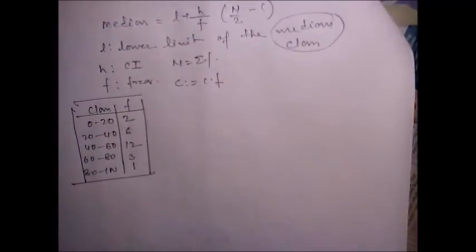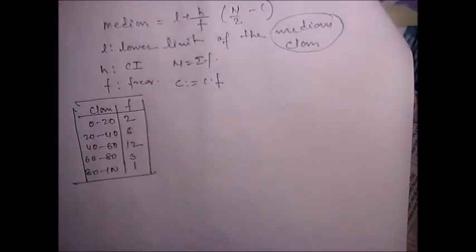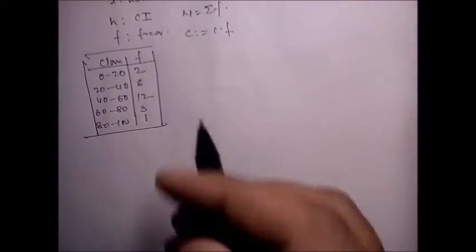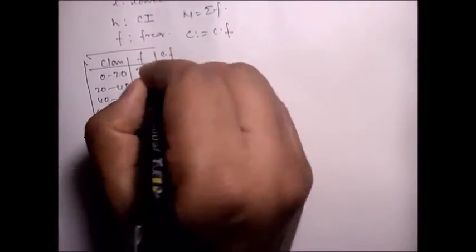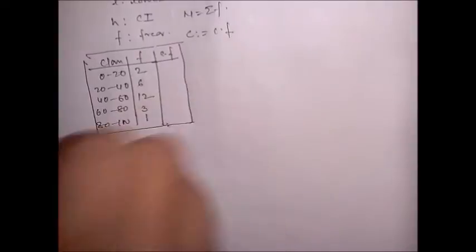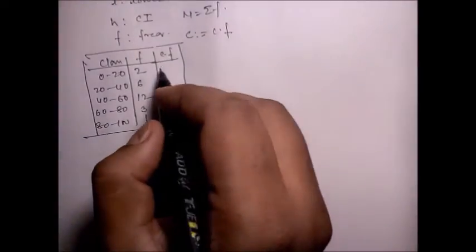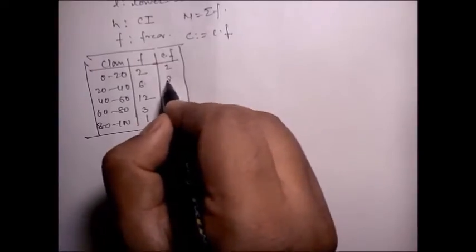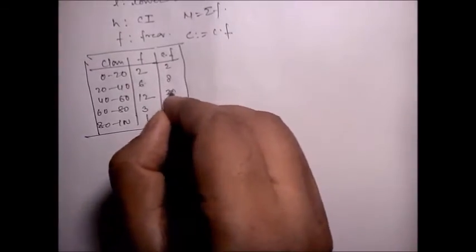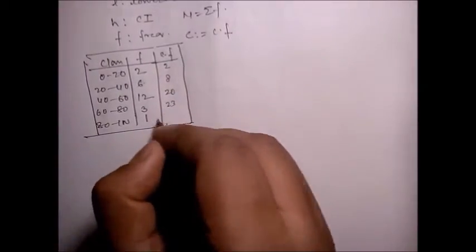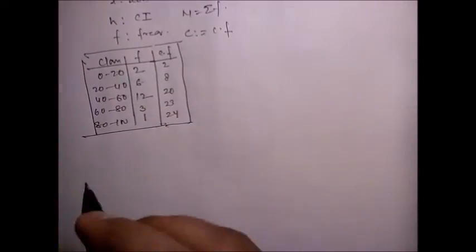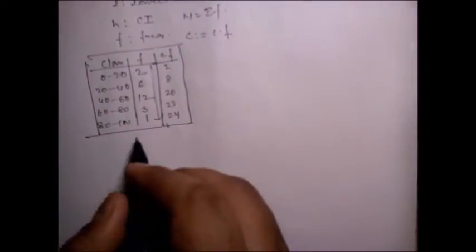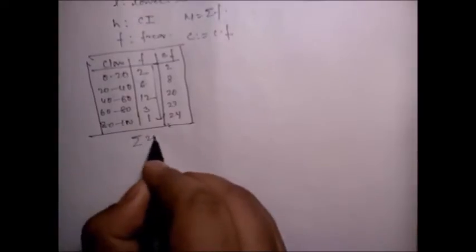What is the meaning of median class? So how to calculate the median class? First of all, we have to calculate the CF, cumulative frequency. So already you know how. 2, 6 plus 2 is 8, 8 plus 12 is 20, 20 plus 3 is 23, 23 plus 1 is 24.